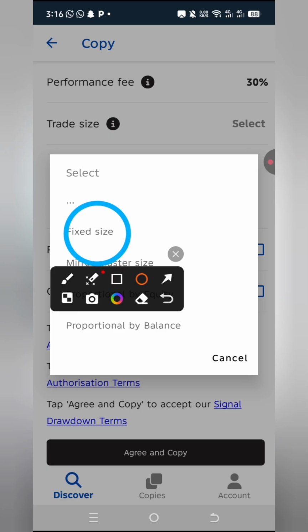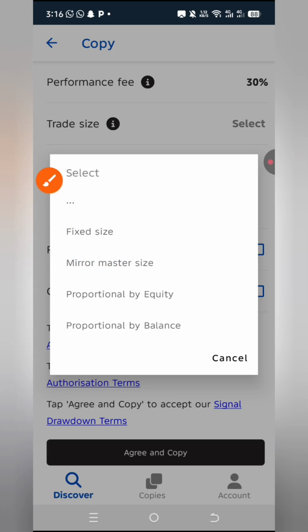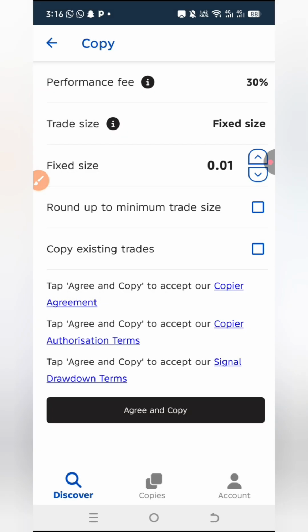You have to fix your size according to your capital, because you know your capital. At the beginning, we were using mirror master size, but Lexo's flexibility of changing its capital did not allow us to mirror his capital. So we are using fixed.